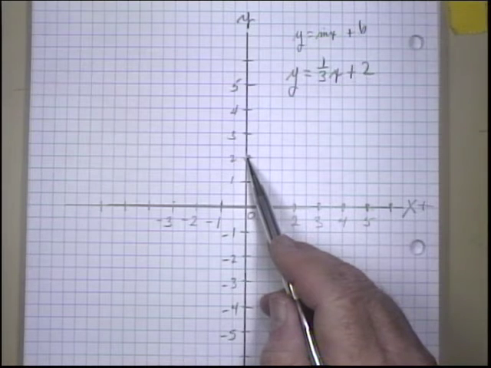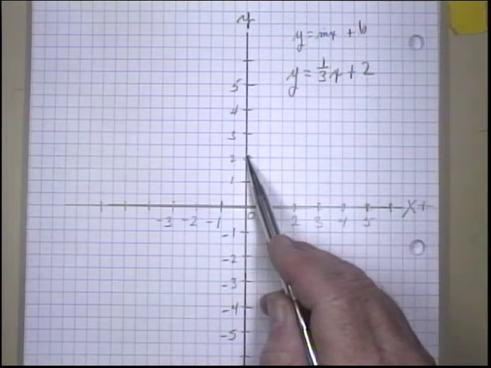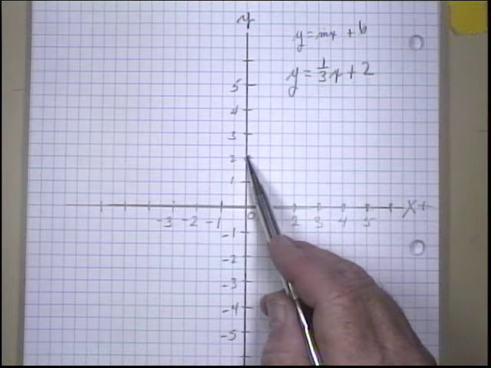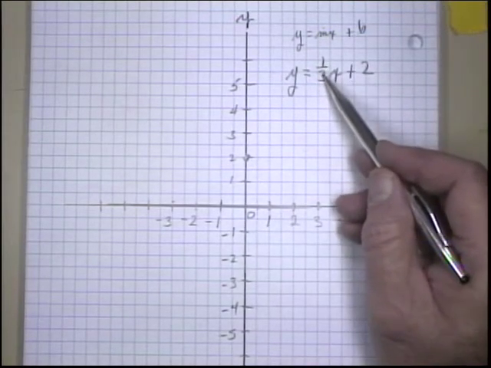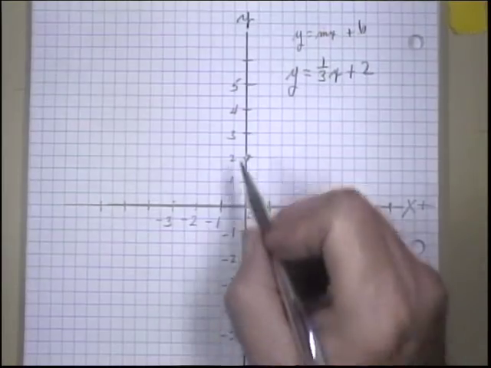Now, knowing the slope, we can generate another point, another couple points if we want. Our slope is a positive 1/3. So we'd go up.